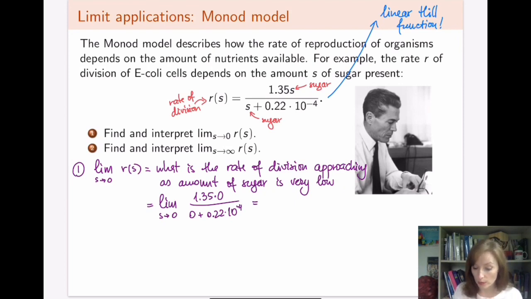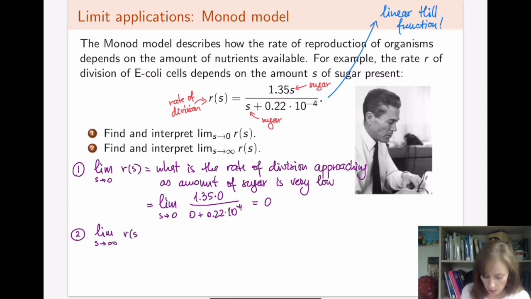Well, the top is 0 and the bottom is this number, 0.22 times 10 to the minus 4. 0 divided by a number is 0. So plug it in, worked. It makes sense too. What is the rate of division when there's essentially no food? When there's no food, E. coli cannot multiply.